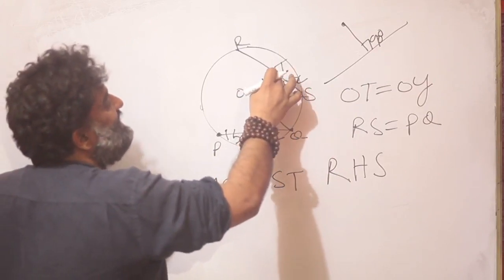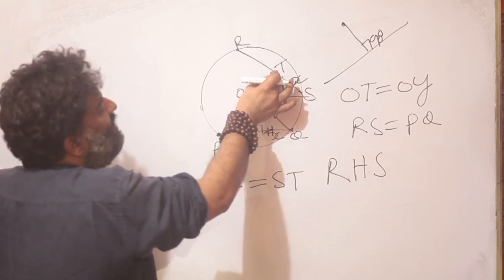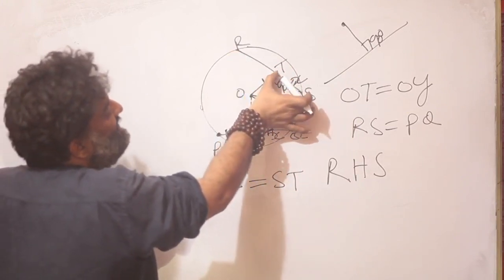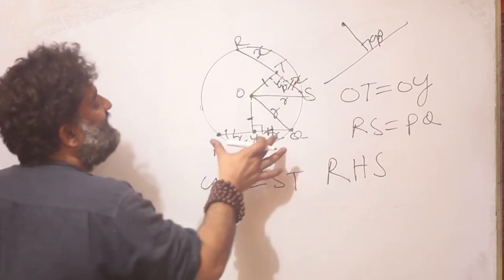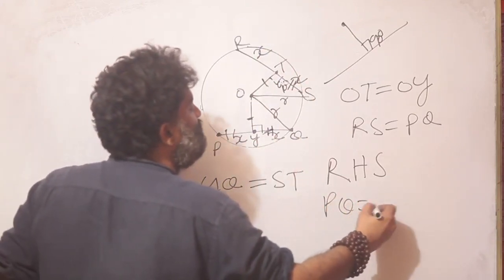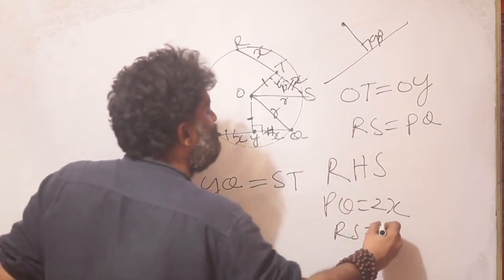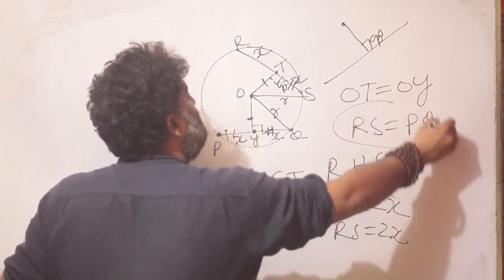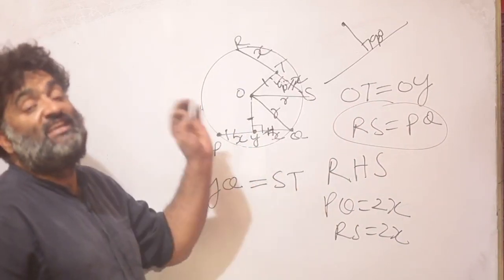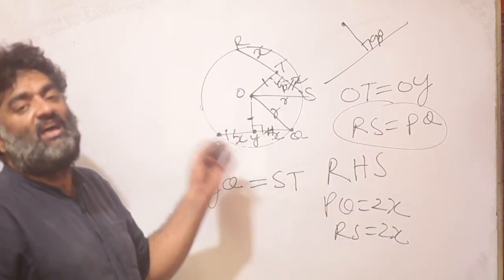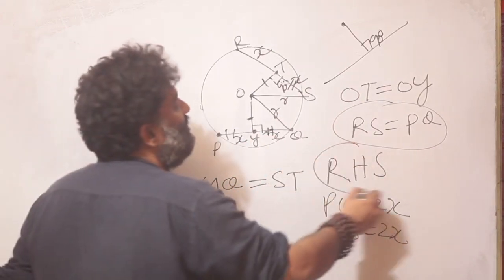That means point T is the midpoint of the chord RS. And if this is the midpoint, that means RT is equal to TS. That means if this is X, this is also X. And now I see chord PQ is equal to 2X. Chord RS is also equal to 2X. And therefore, the task given to me, that prove that the chords equidistant from the center are equal to each other, is now done, and once again using the idea of congruence.